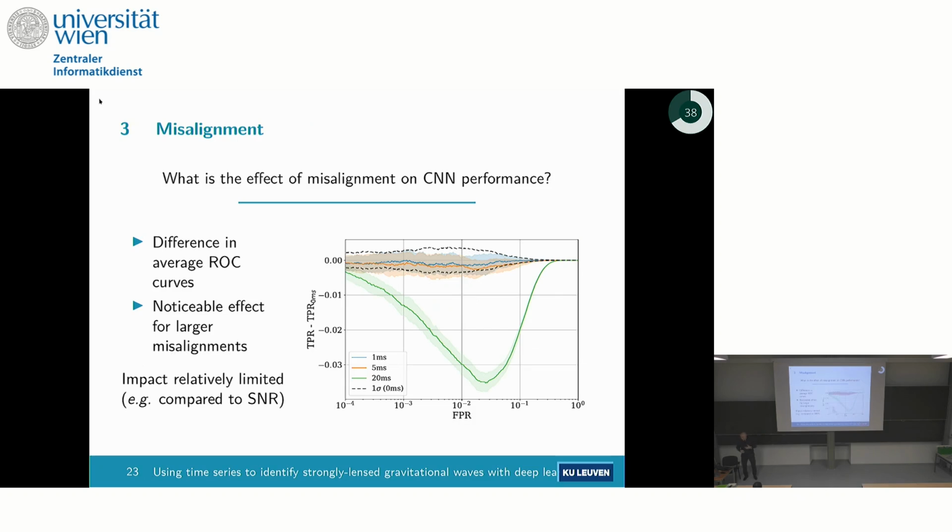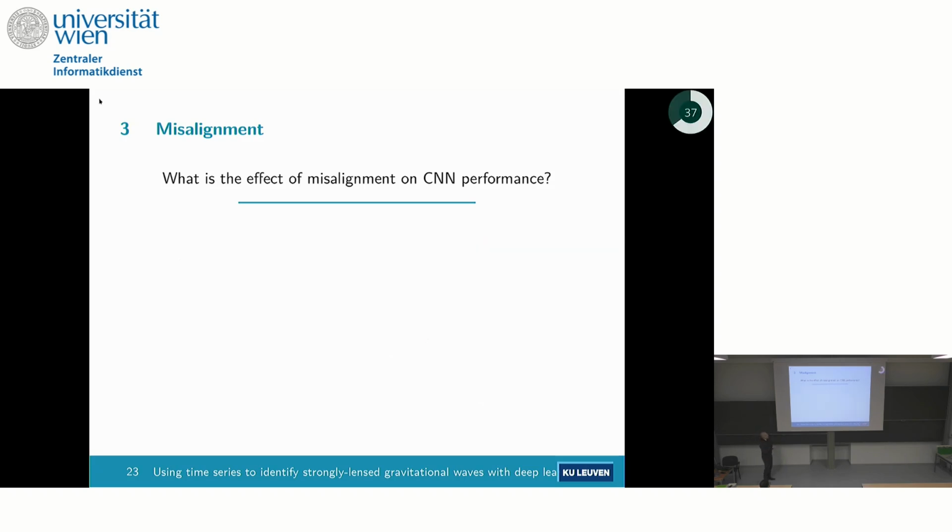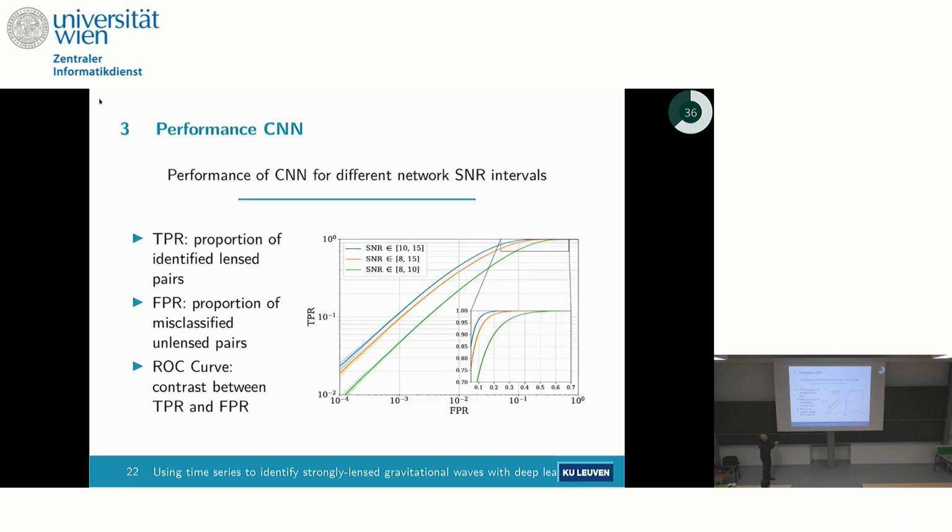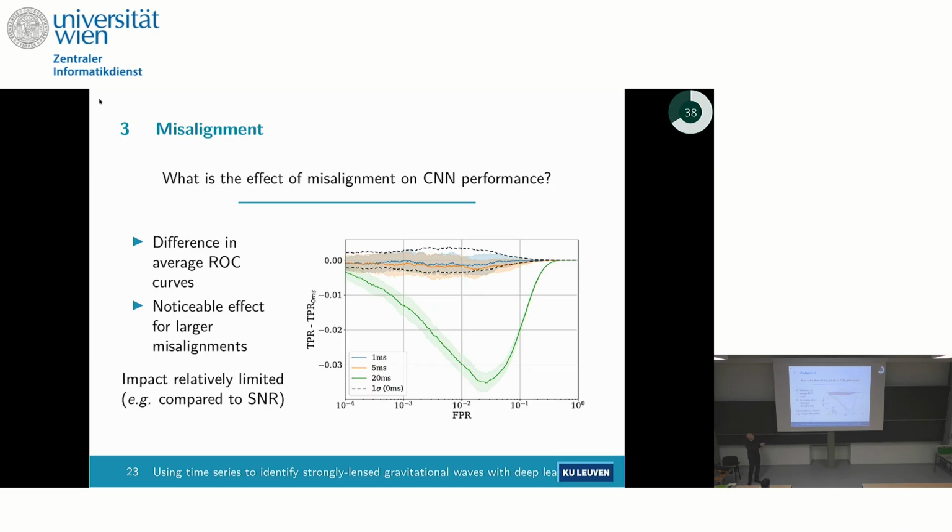Okay, now we do go on and say, okay, well, what happens if there is a misalignment? Somehow in the identification of the source, we don't perfectly understand the timing information. What if I now add random deviations from this? What you see now here is a difference in the true positive rate. So it's basically the difference between one curve and the other. And here the difference is between different allowed time errors.